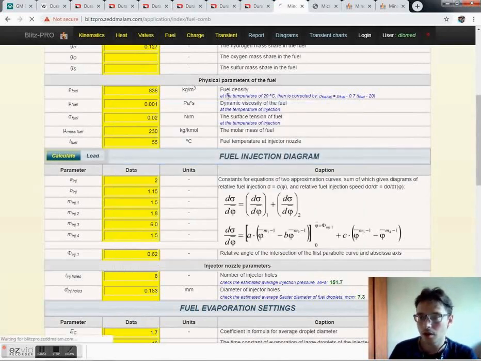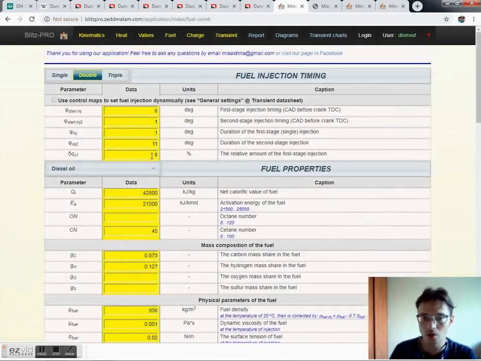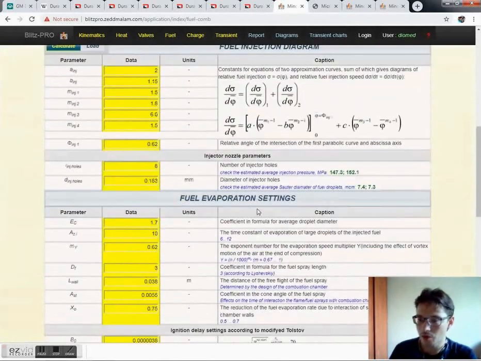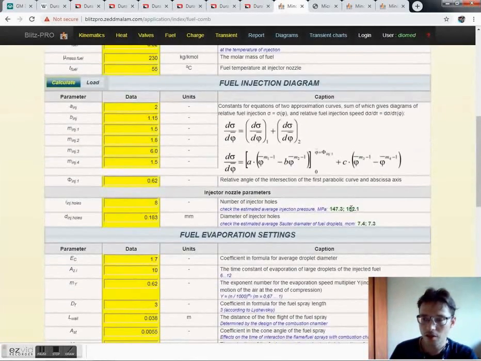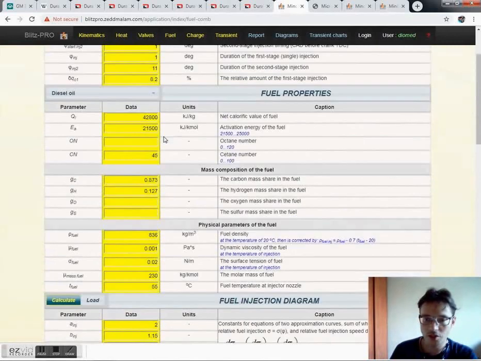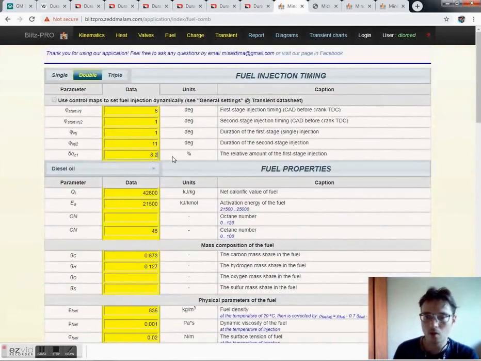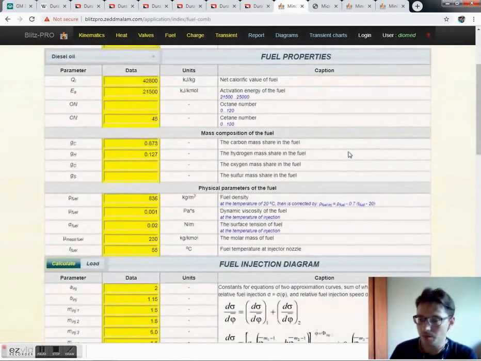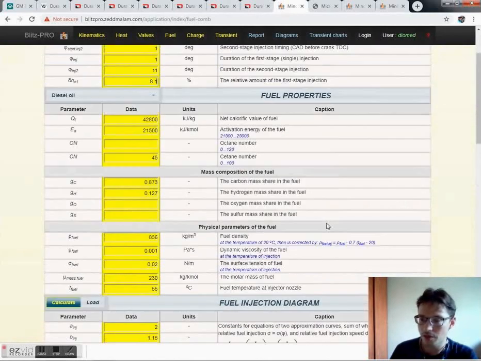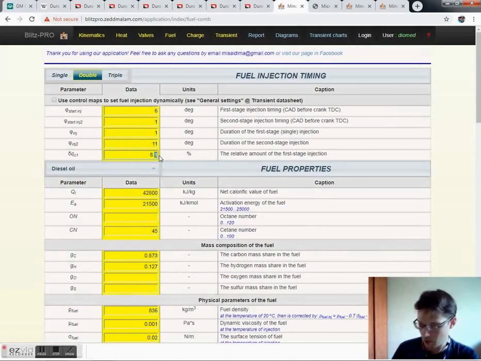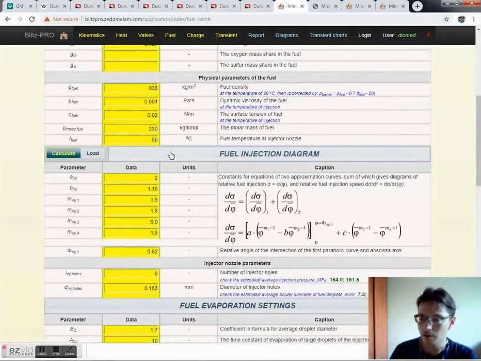We can also look here to match the pressures for the first and second stage. We can just adjust the share of the first pilot injection to make these pressures equal. Let's see. Well, I'll do a little bit like this.